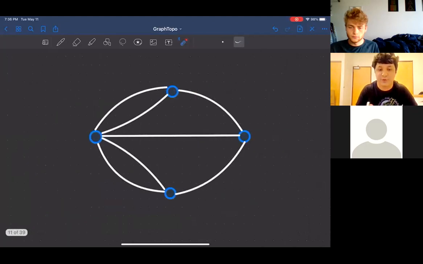We can represent each of the places on this map with one vertex, and for each of the bridges between the places, we can draw an edge. So the solution that Euler gave was that, let's say, for example, you start in this vertex and you move to this vertex.